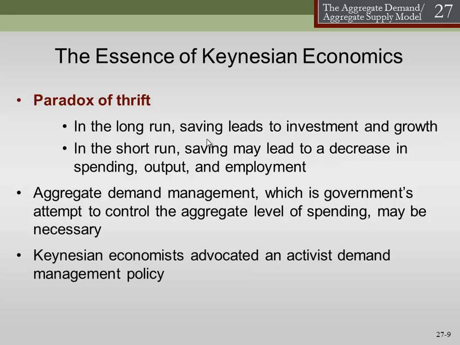Keynesian economists advocate an activist demand management policy. The Keynesian idea is that the self-regulating part of the economy is fairly slow, and because it's slow, it makes recessions very costly. Because they're so costly, we should actively try to manage the economy and the business cycle. We should dampen the business cycle out as much as possible.